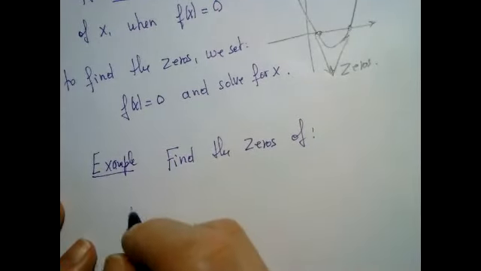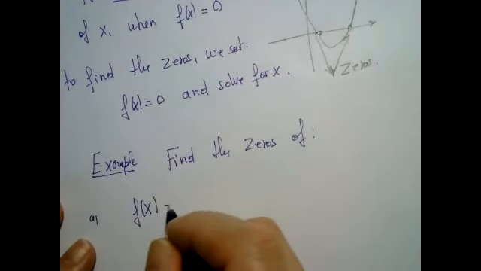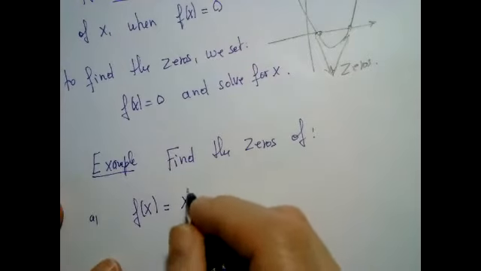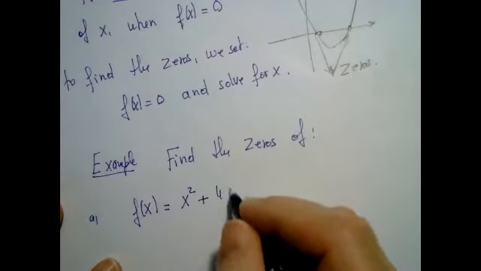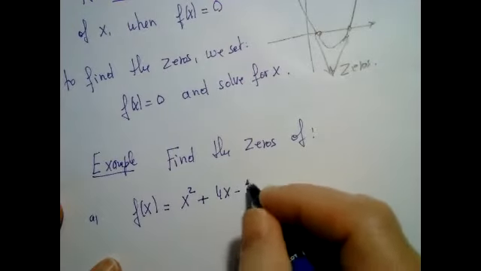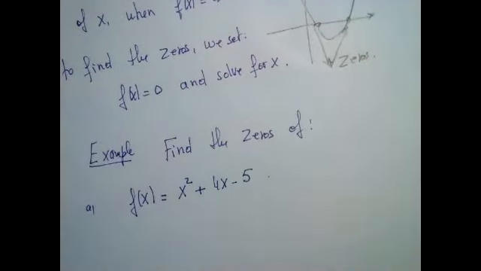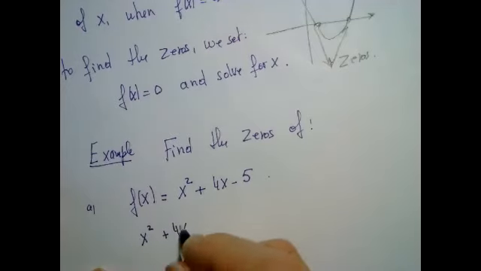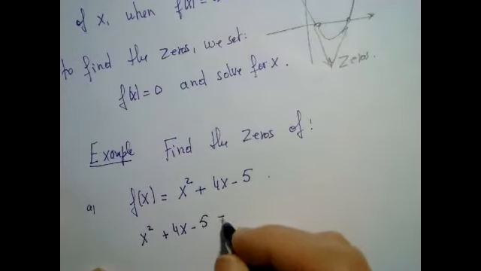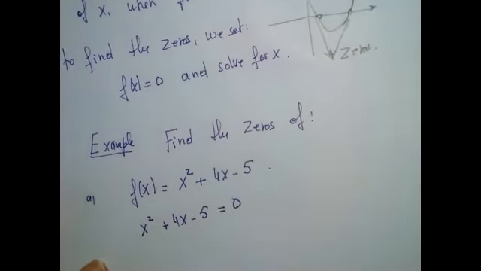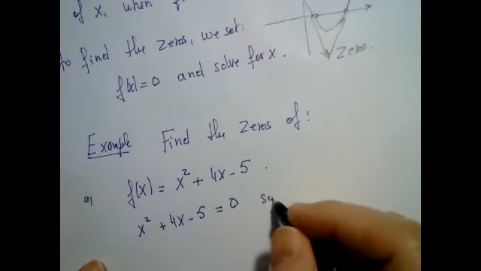Find the zeros of f of x equals x squared plus 4x minus 5. This is nothing more than, as I said, setting this equal to 0 and solving for x.